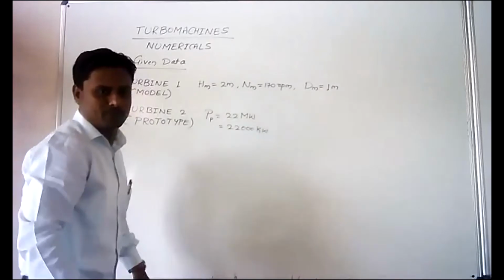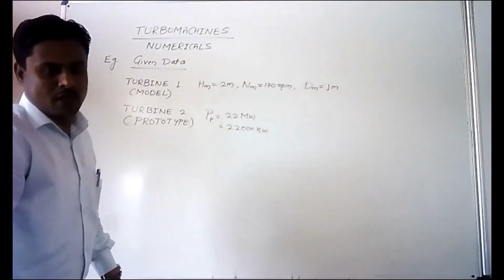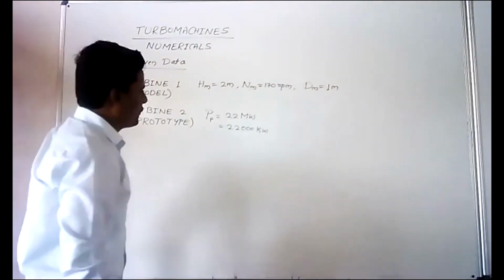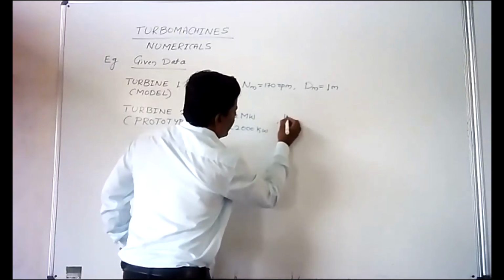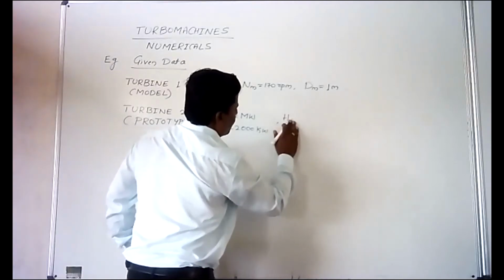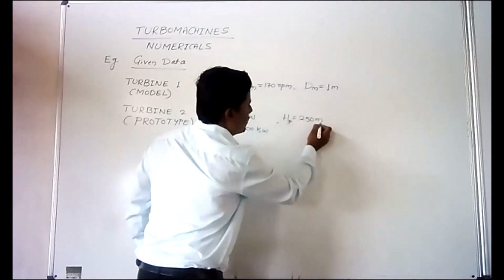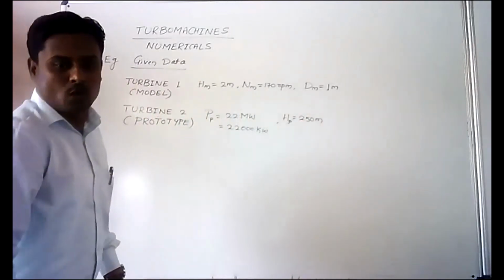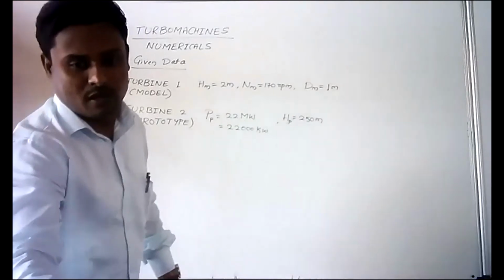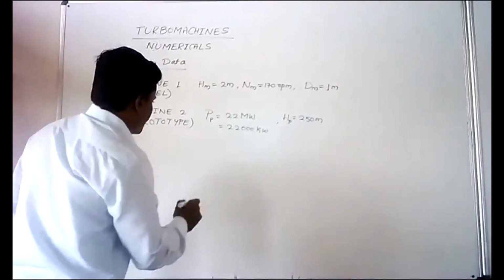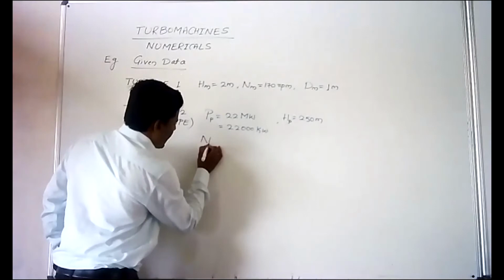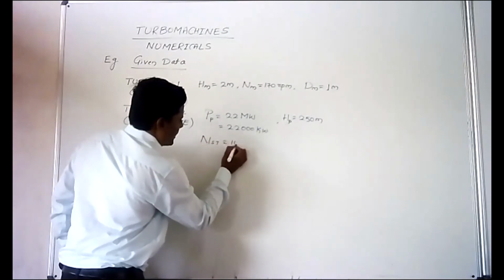Both are the same, right? When working under the head of 250 meters, the working head for the prototype is 250 meters, with a specific speed of 100, Nst equals 100.